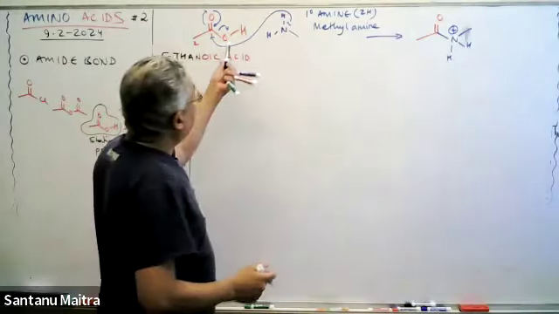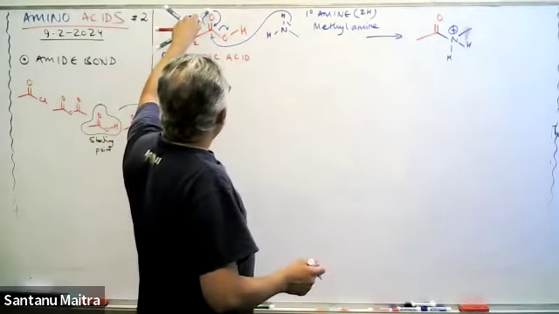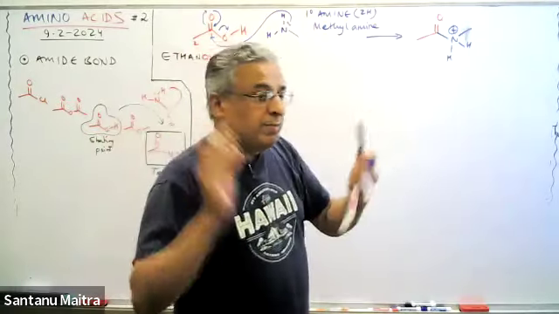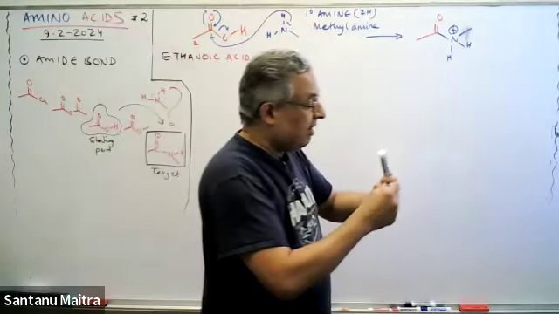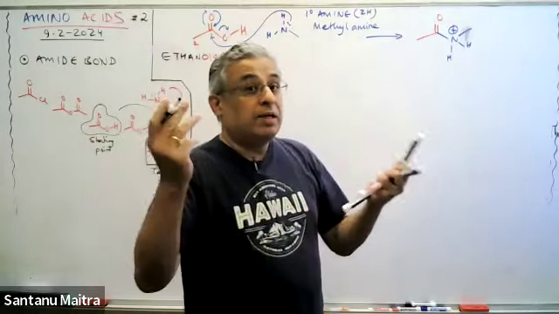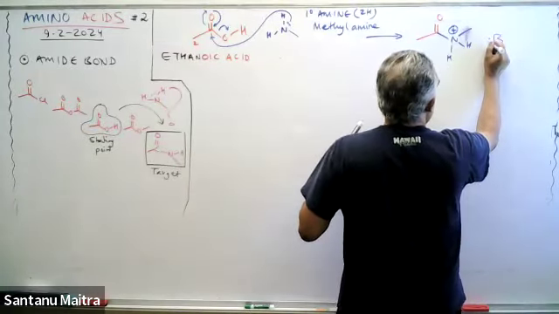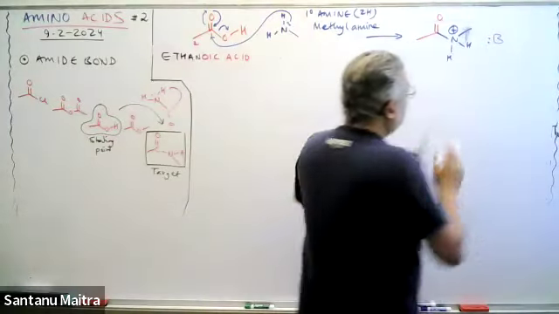The base could be various different things. Base could be OH minus, base could be another amine, base could be the lone pair from here, base could be the lone pair from here. So we do not specify what exactly the base is going to look like. We just say the base is going to be uppercase B with a lone pair. I'm just showing you a little bit of mechanism because this can be confusing.